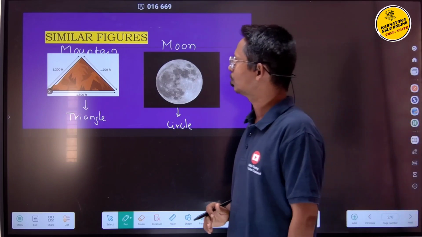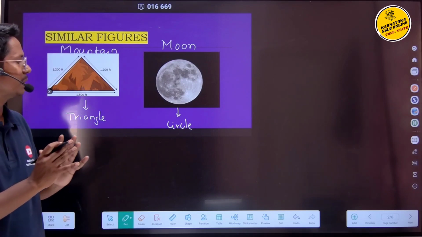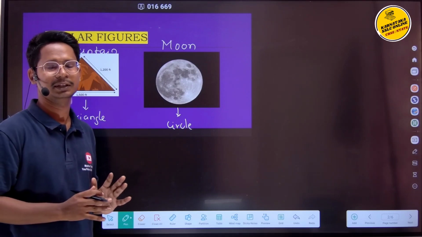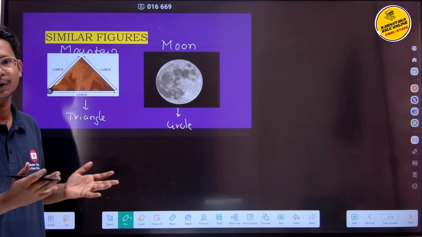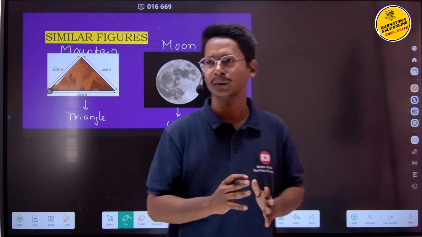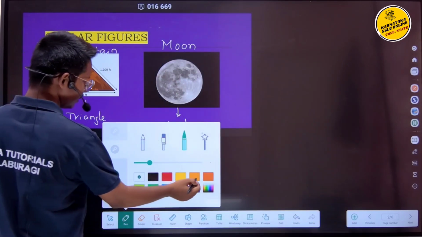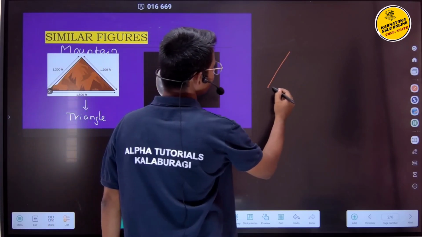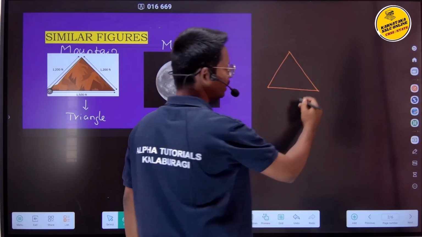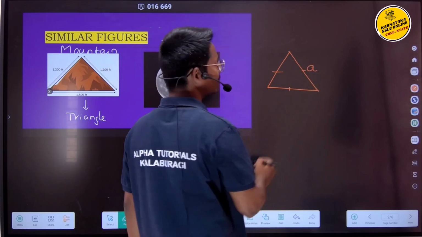So what we can say is, in similar figures the shape is going to be the same, but the size may or may not be the same. Suppose I take triangles. This is an equilateral triangle, all sides are equal, with each side a.